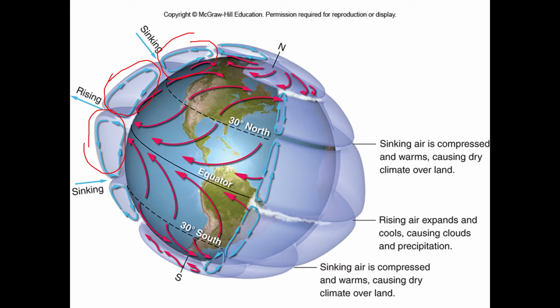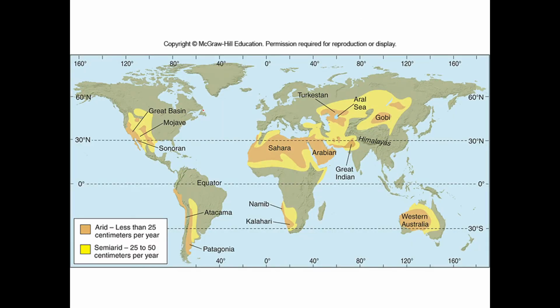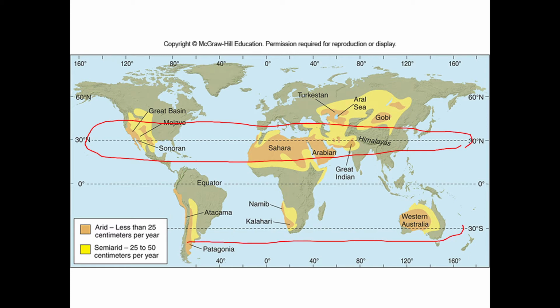And so we get areas with sinking air along the 30-degree lines of latitude, and this sinking air is dry, and that's why we tend to find deserts along these latitudes. If you look along this 30-degree north latitude, we find the majority of the deserts, and along the 30-degree south latitude, we find a lot of deserts.